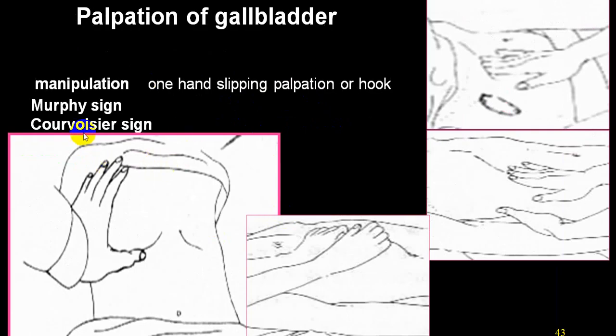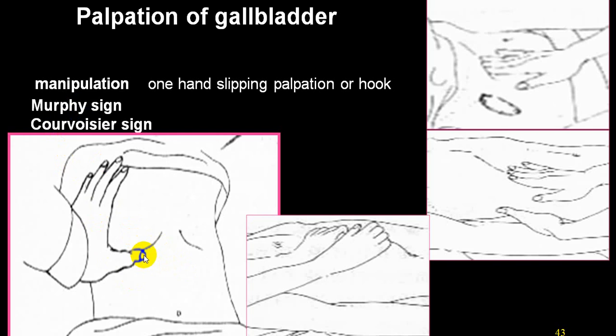Now this is what we call as a Murphy's sign, and there is something called as a Kurweiser law. While doing a hooking method on the right side, when the person is taking a deep inspiration and suddenly the person gets a catch or he complains of a pain, we call Murphy's sign positive.